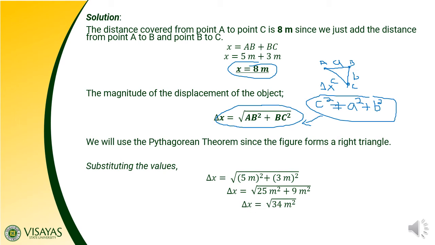So change in x, or displacement, is equal to square root of 34 meters squared. Taking the square root of 34 meters squared, we come up with the value for displacement, which is equal to 6 meters. So we have the value for distance, which is equal to 8 meters, and our value for displacement is equal to 6 meters.